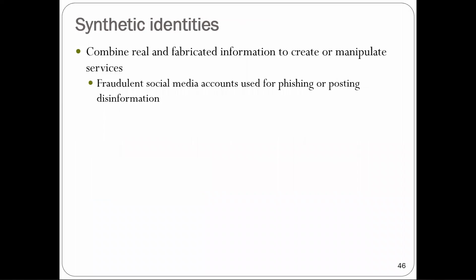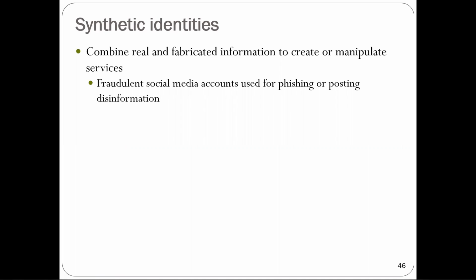Okay, so the next thing I want to talk about are synthetic identities and deepfakes, which someone had already mentioned earlier. Synthetic identities are a means to an end typically. The idea is to combine real and fabricated information to create profiles that can manipulate users.